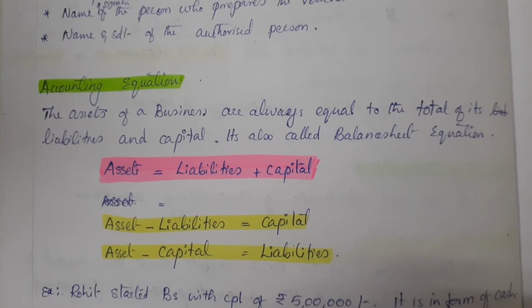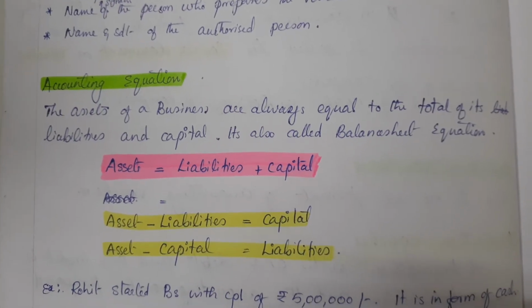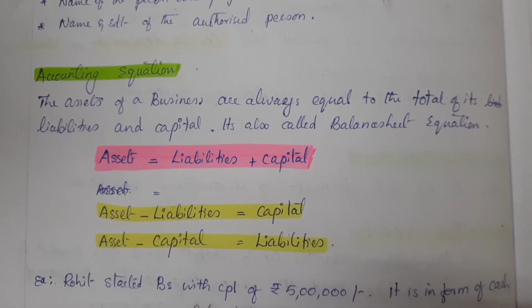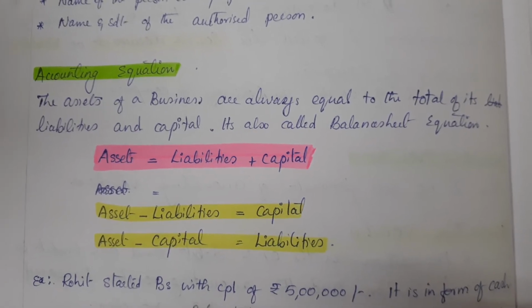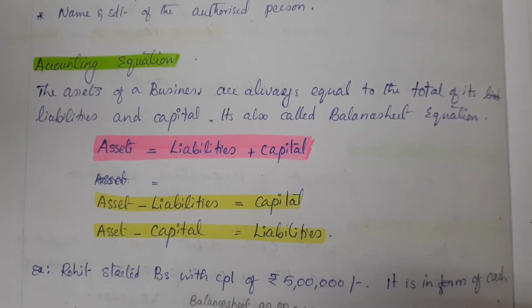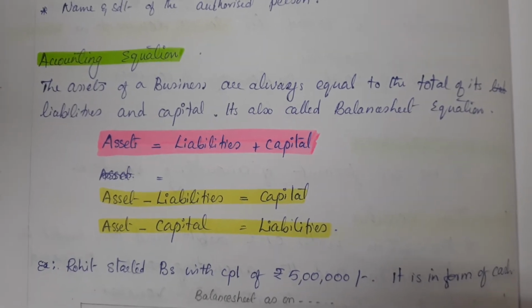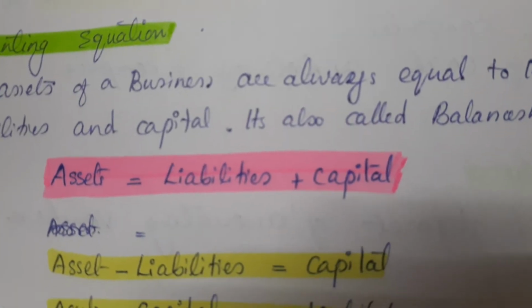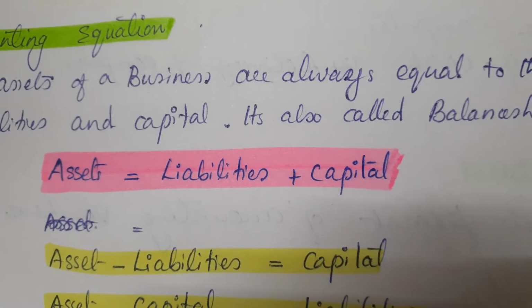Next is the accounting equation. The assets of a business are always equal to the total of its liabilities and capital. It is also called the balance sheet equation. So this is the equation: assets equals liabilities plus capital.